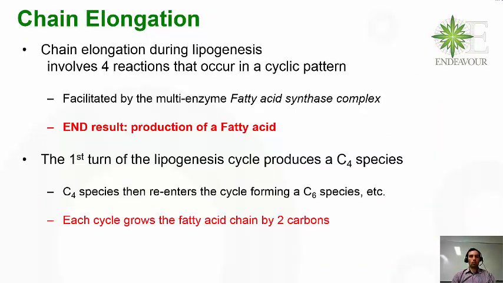So basically this is the stage that we call chain elongation. So it's four reactions that can be used to convert our ketone group, C double bond O, into a carbon that just has hydrogens attached.